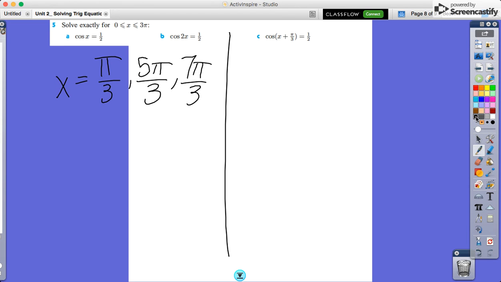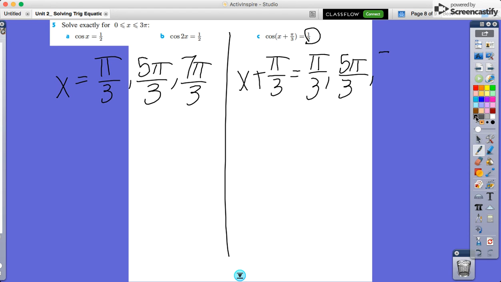There's a phase shift. I'm adding pi over 3. So my output values are going to be the same because the 1/2 hasn't changed. So now I'm going to write x plus pi over 3 equals pi over 3, 5 pi over 3, 7 pi over 3. Now how do I solve for x?